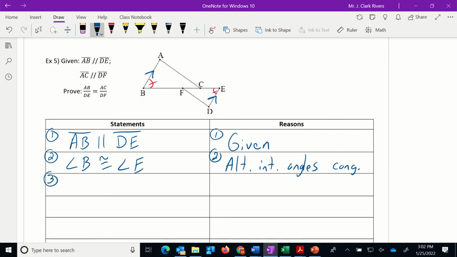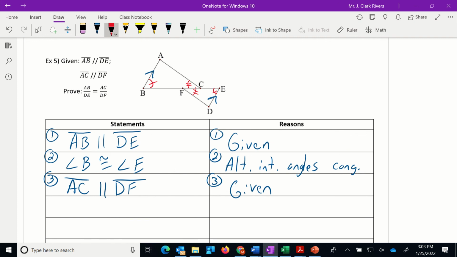Number 3, let's go back to our given information. AC is parallel to DF. What are we able to conclude from this? Max? ACB is congruent to DFE. Good. ACB is congruent to DFE.